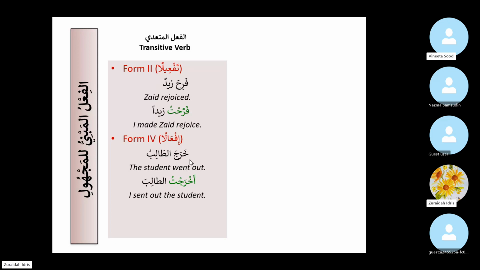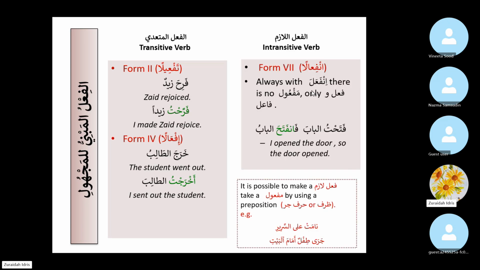But not necessarily, so you have to go back to the meaning as well. If you have daraba, for example, obviously you can have a maf'ul, right? He hit whom? Absolutely. So that's why it's not the family that makes it transitive or intransitive, in a way. But having said that, we have this family here. Remember this?